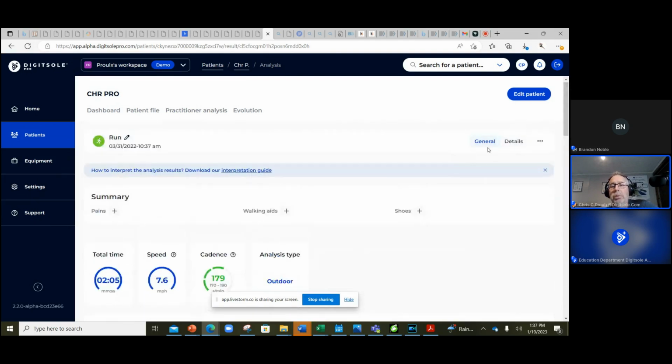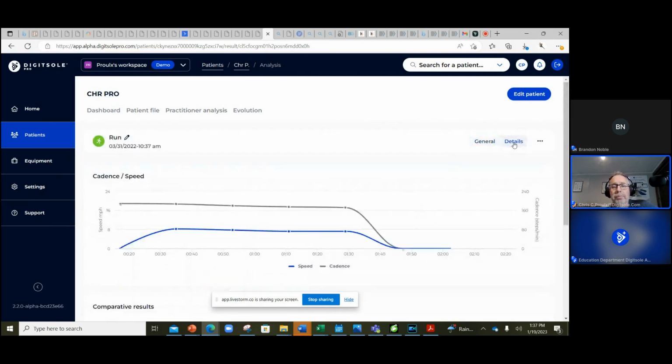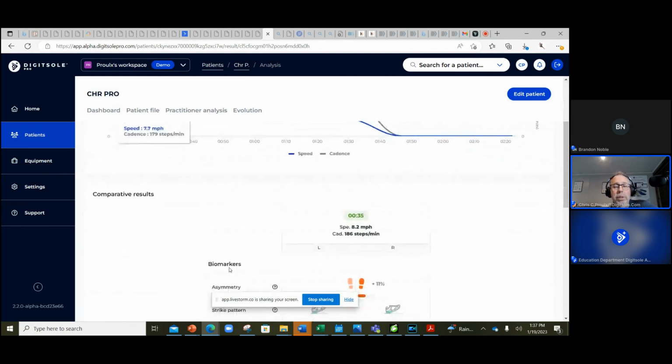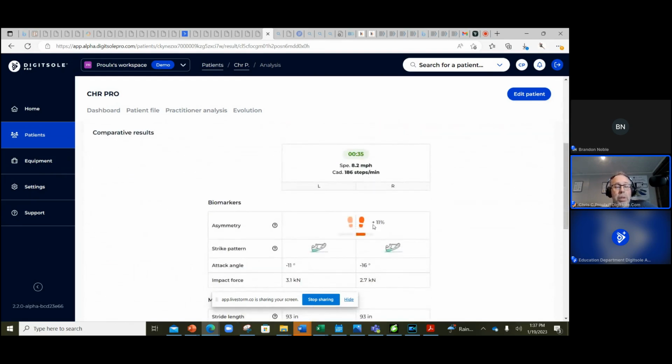So then we can go to the details view, and again we can click on one of these points, and we see at this point he's at 8.2. And what's interesting is that at 8.2, we see a further increase in the discrepancy. So now we're at 11% difference in ground contact time.